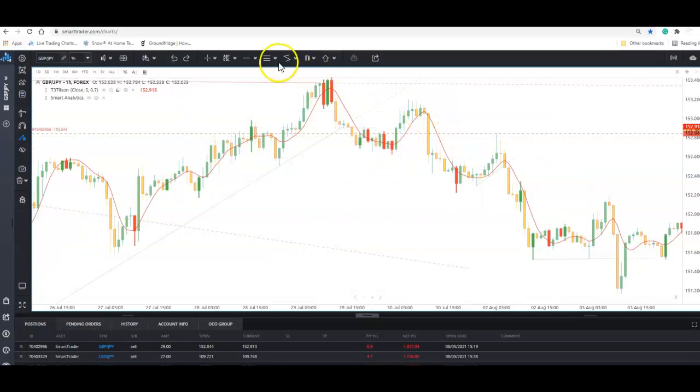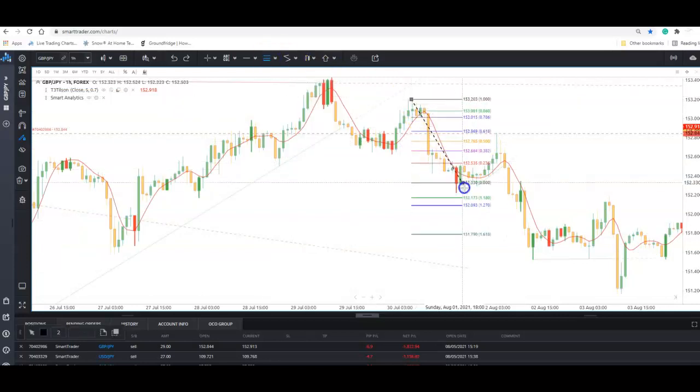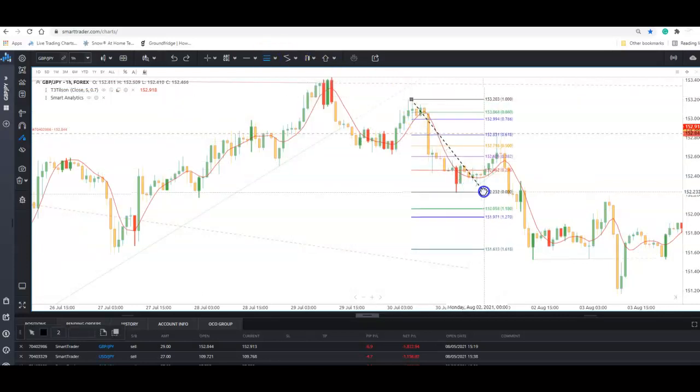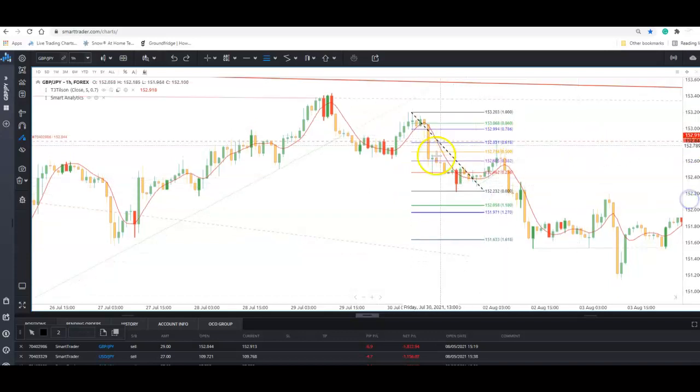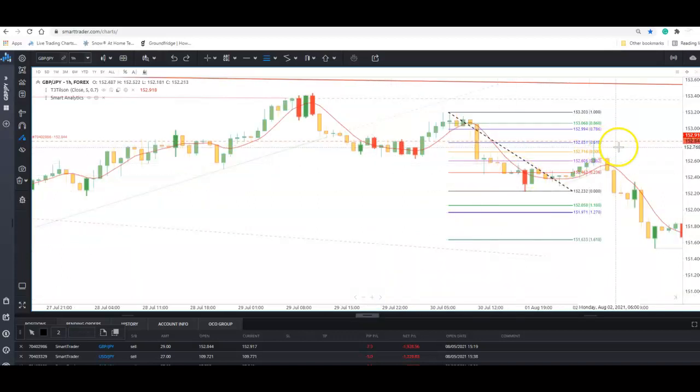So now this becomes A, and this becomes B. And notice that price went all the way up to 61% again. So we start looking for reversal patterns. So we have 1, 2, 3, 4 green candles followed by red. That's our sell trigger over here.